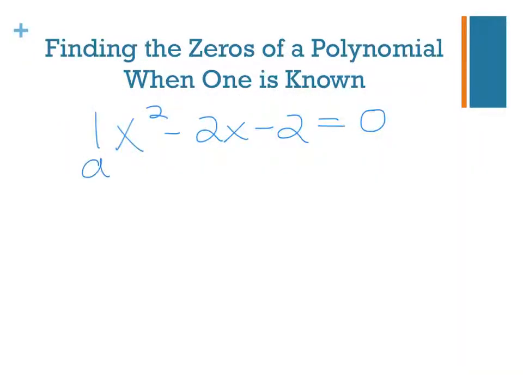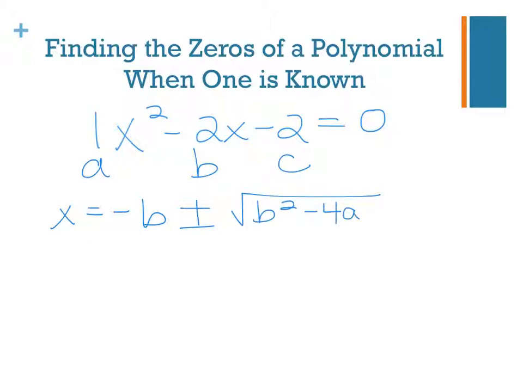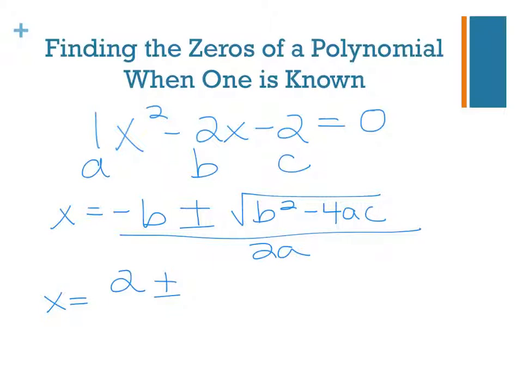Alright, so we have a coefficient A of 1, B is negative 2, and C is negative 2 as well. Reminder that the quadratic formula is negative B plus or minus the square root of B squared minus 4AC, all over 2A. And that gives us a positive 2 plus or minus the square root of 4 minus 4 times 1 times negative 2.